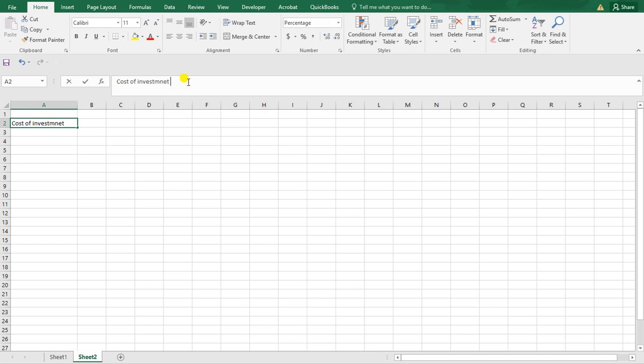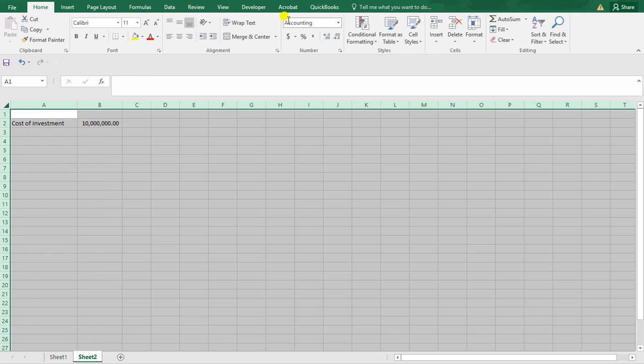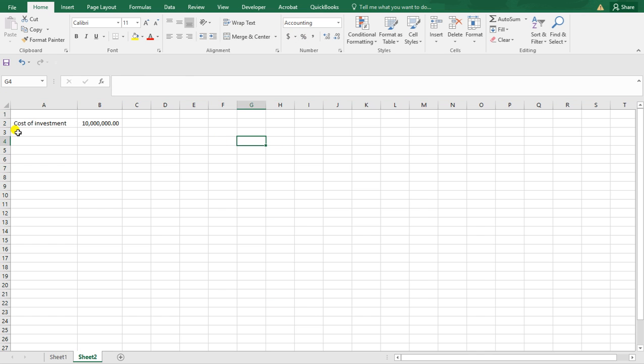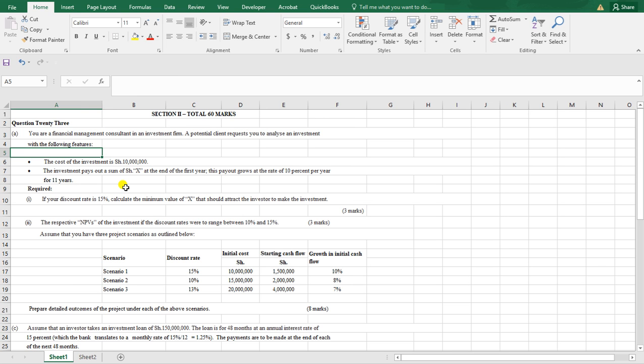Cost of investment. Basically, we are looking at 10 million. Our figures here in thousands. The discount rate. Discount rate, our good examiner had given us what? 15%.